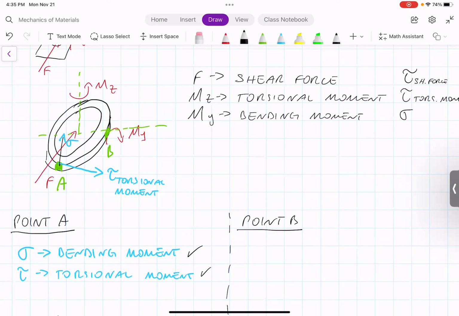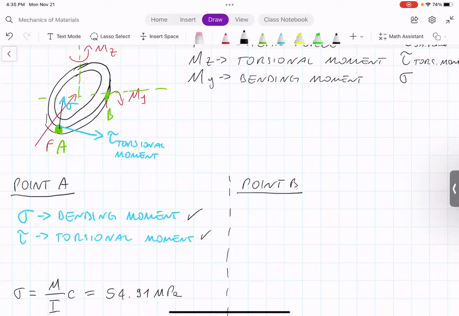In order to find the shear stress due to the shear force, we apply the shear formula. So we have tau, we have a certain tau due to the shear force.